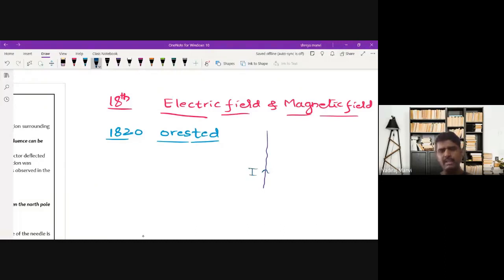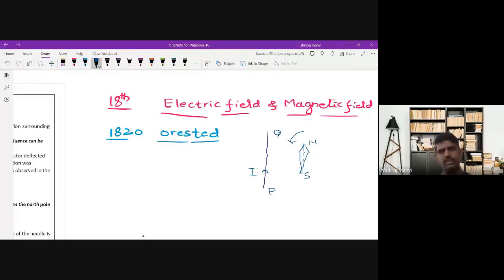He was explaining something to the other scientists. Then suddenly he observed that when he allowed the current to flow from P to Q in this direction, the magnetic needle kept close to the conductor got deflected towards one side. This is the magnetic needle, it will have its north and south.